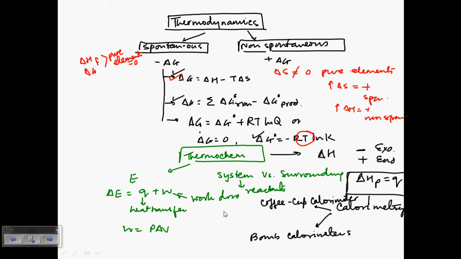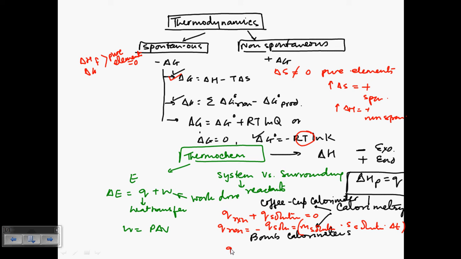For coffee cup calorimeter, heat of reaction plus heat of solution is equal to 0. So heat of reaction is equal to negative heat of solution, which is mass of solution times specific heat of solution times delta T of solution.